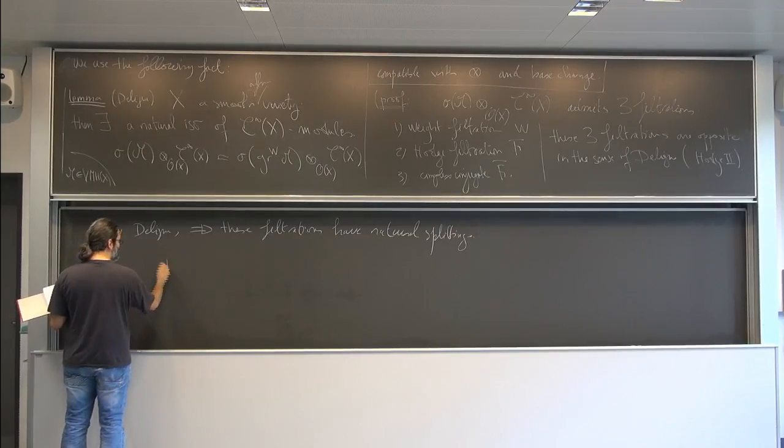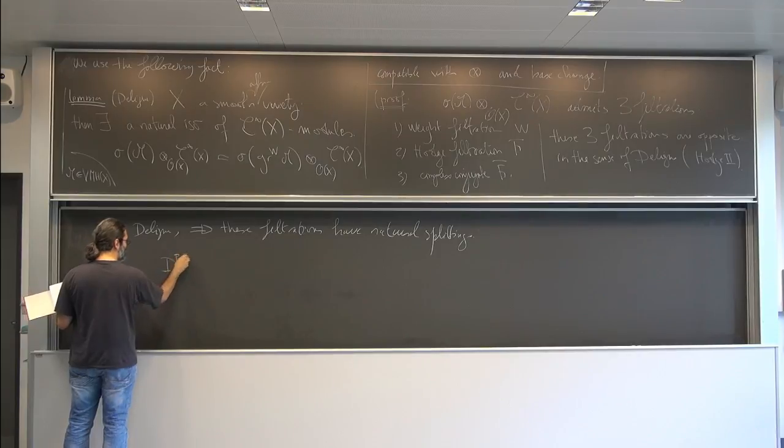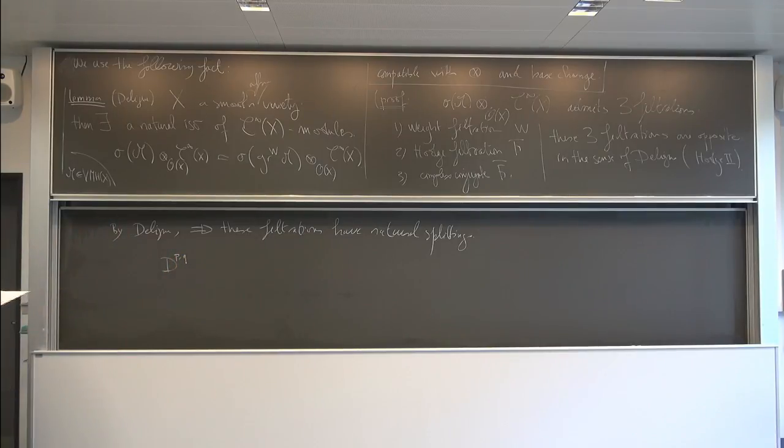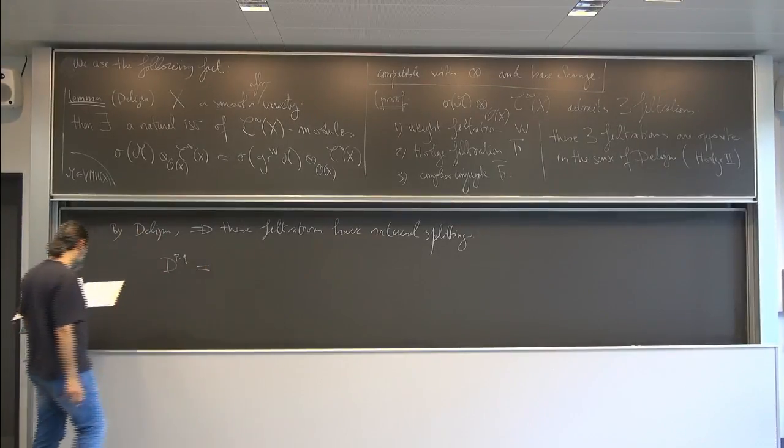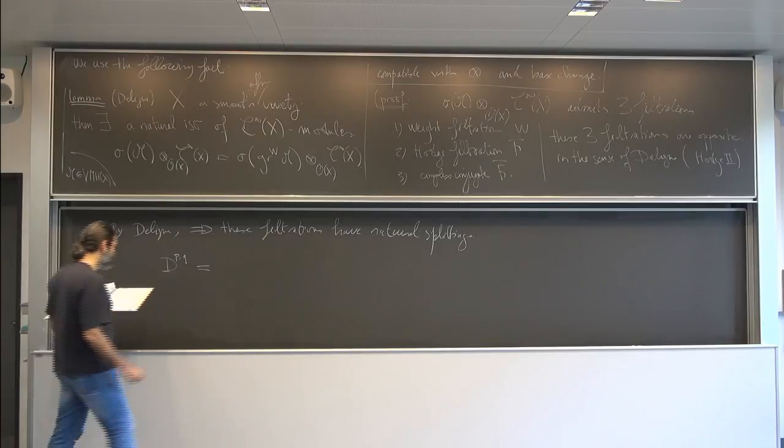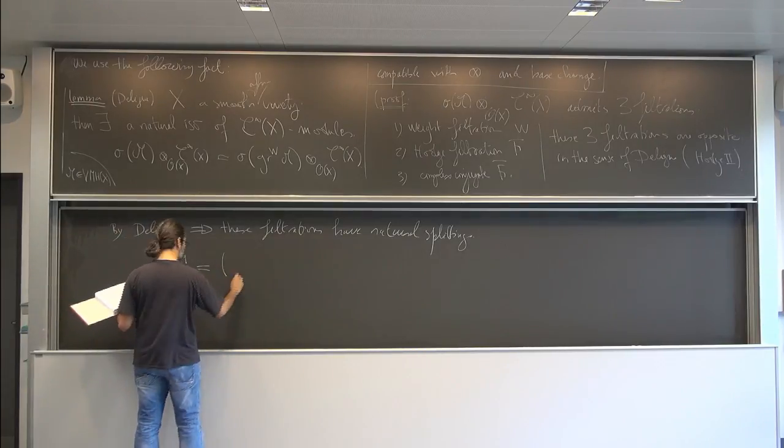what Deligne does, he defines sub-objects like this. Of course we assume that you are in an abelian setting, so we can speak about sub-objects. So he defines sub-objects D^{P,Q} as the following intersection.